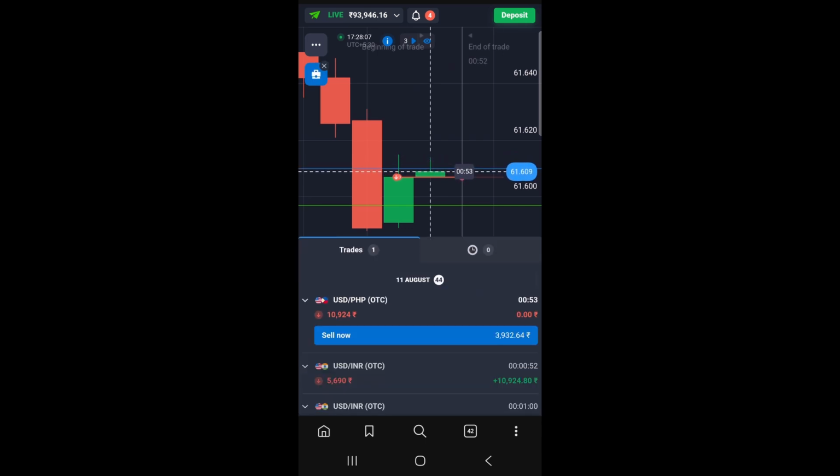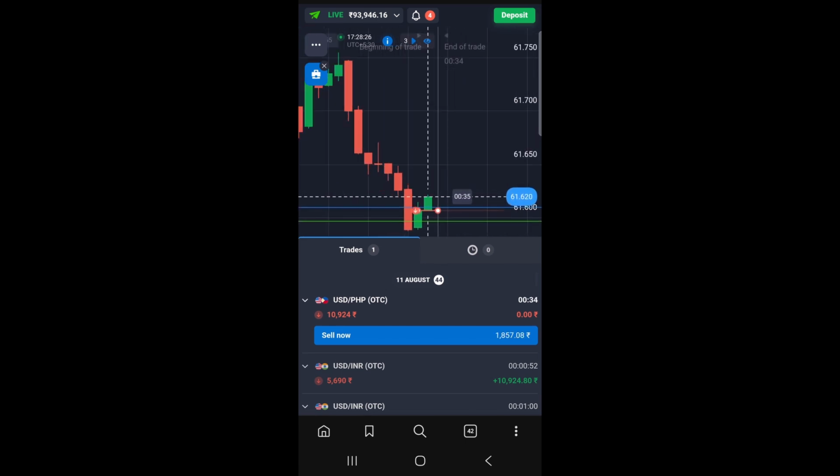Done. I have placed a trade in the downward direction because the reason was very simple. The major trend was in the downward direction, that's why I have placed it in the downward direction. The second reason was that a strong horizontal level was below this level, that's why I have placed it in the downward direction.